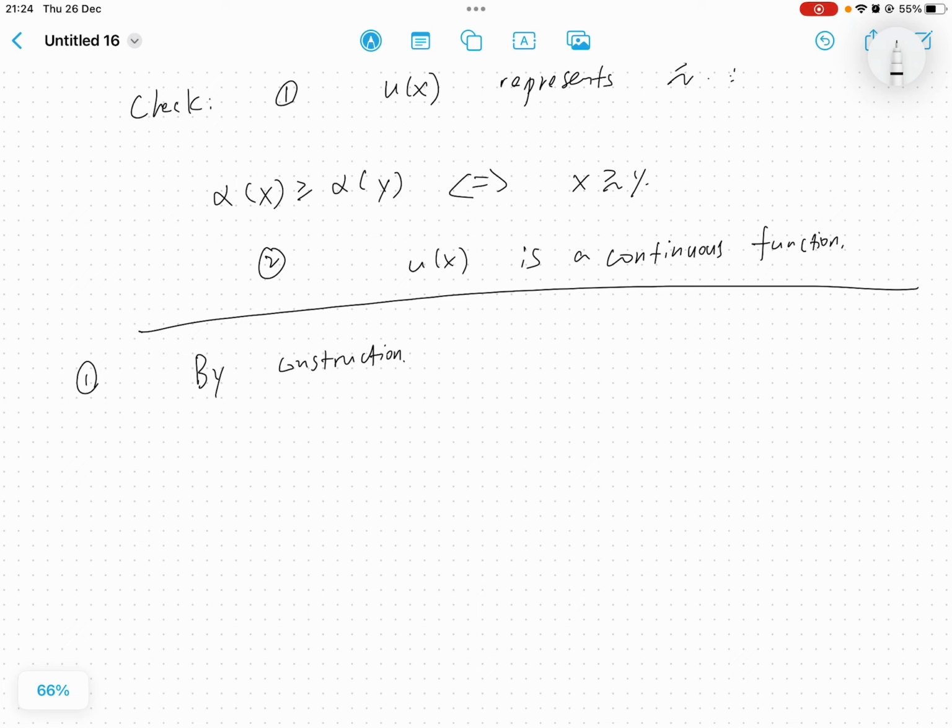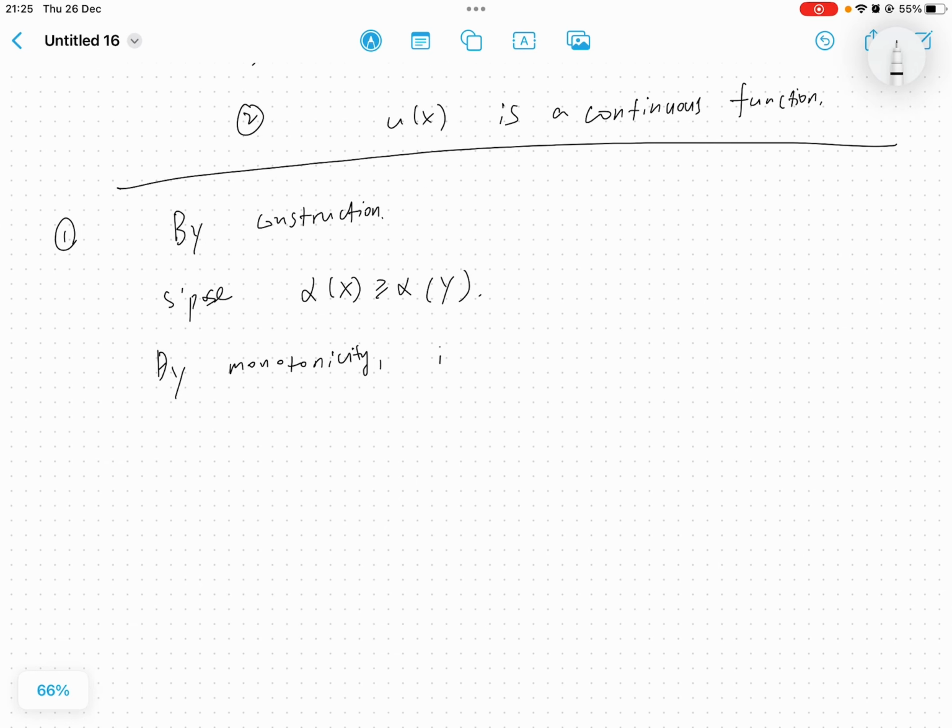Mathematically, suppose alpha x is greater than or equal to alpha y. We're going to use monotonicity. Then this implies that alpha x times vector e is weakly preferred to alpha y times e.